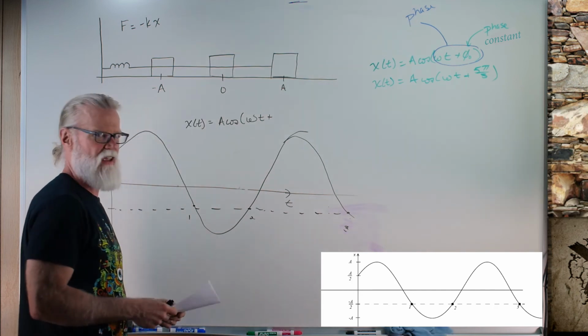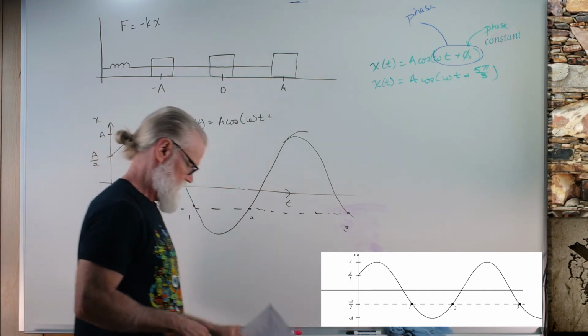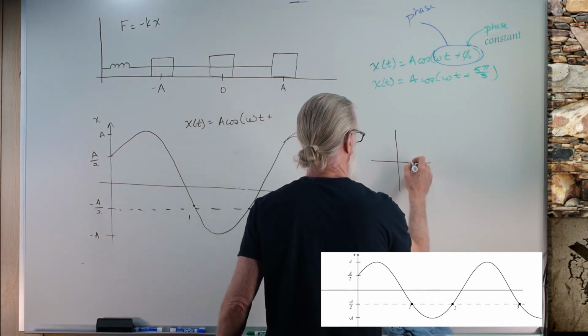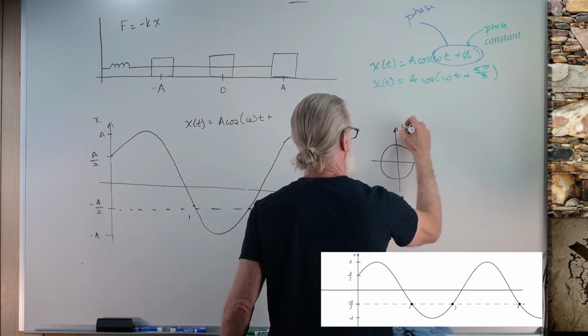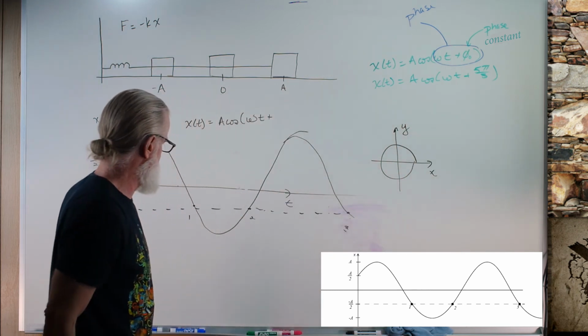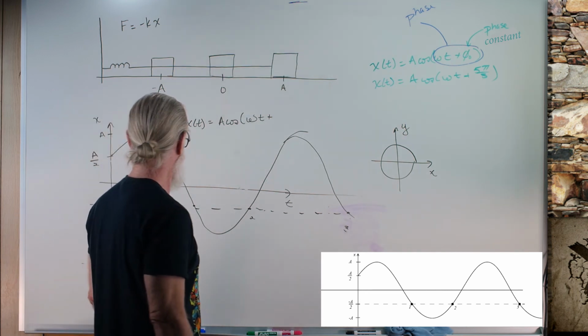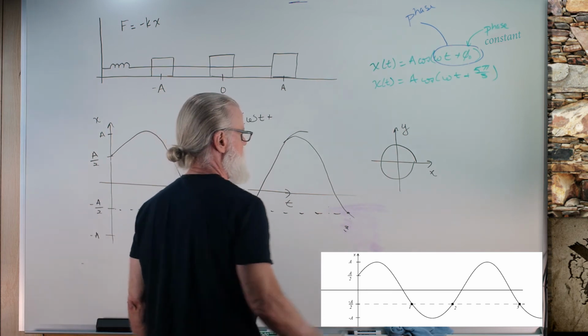All right, let's think of the phase at 1. So I'm going to draw my unit circle again. We got X and Y, like that. The phase at 1, well, where is 1? It's at negative 1/2, right?